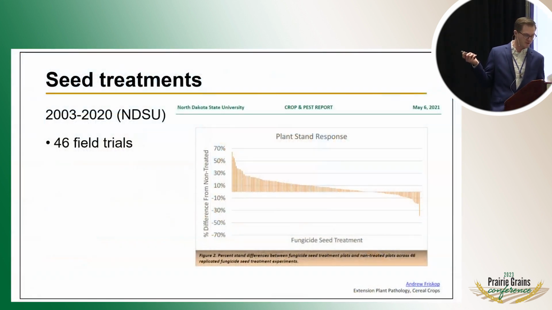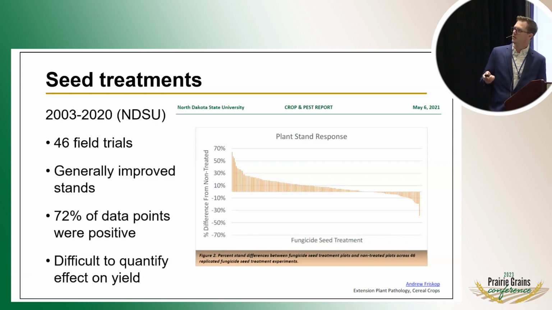So Andrew Friskop, maybe this is data from about 2 years ago, took a data set of 46 experiments from 2003 to 2020, and he looked at the average stand response. So you can see generally we saw improved stands when using a seed treatment.